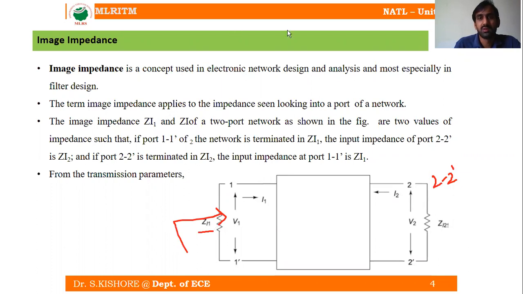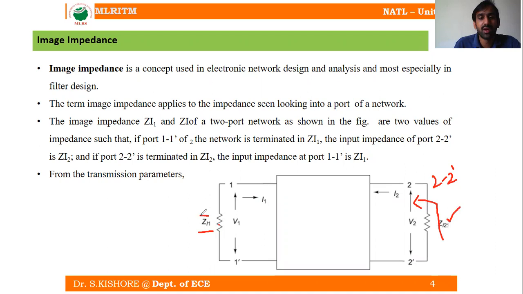Or else, if we look from port 2, and the network is terminated at port 1 dash with the impedance ZI1, then the input impedance seen looking from port 2 dash is going to be ZI2.